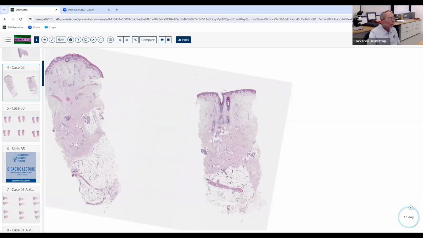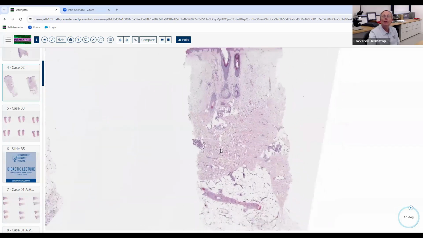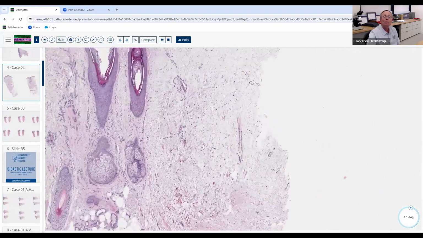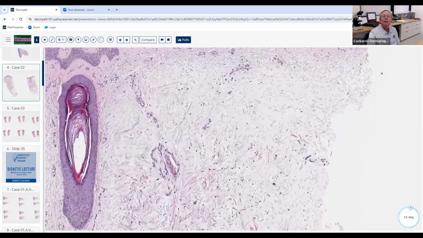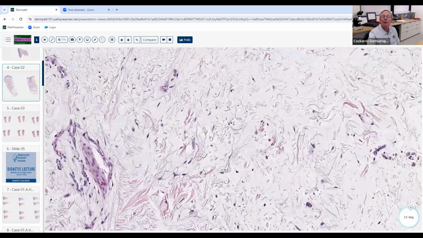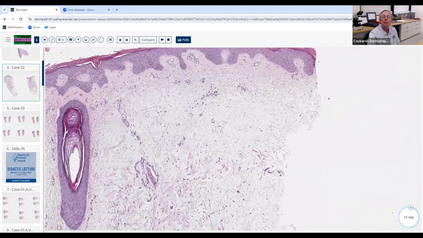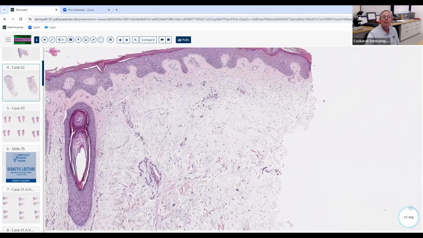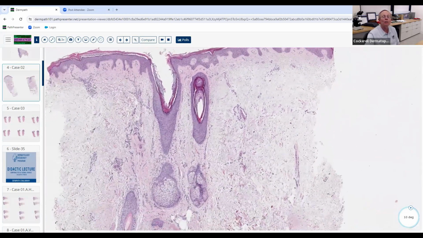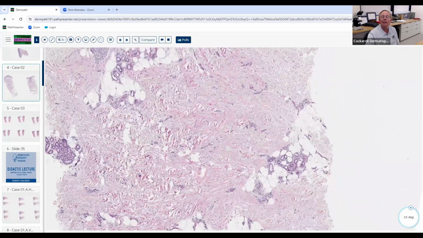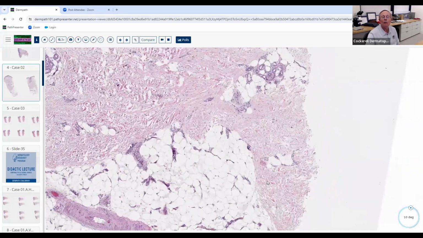Okay, so here we've got another nutritional endocrine problem. Notice there's no inflammation here. So what am I showing you here at high magnification? It's all that pale, slightly bluish gray material, present diffusely in all the papillary dermis, going all the way down into the lower reticulum.